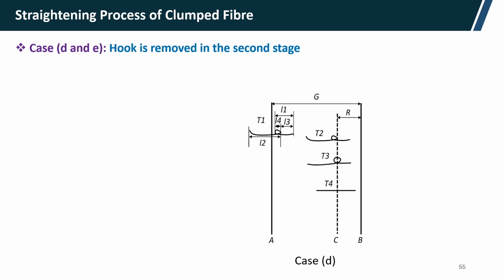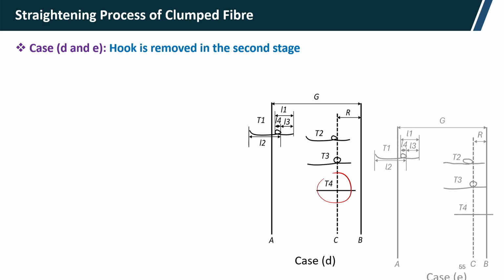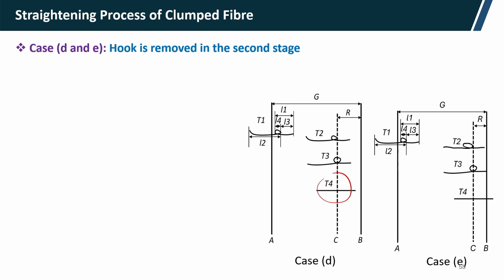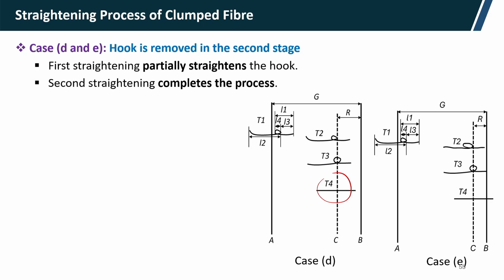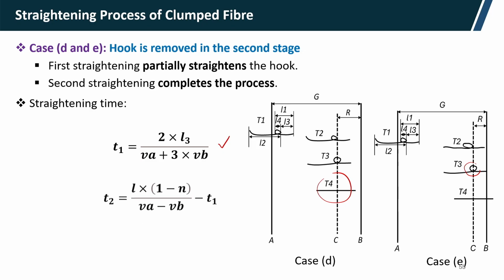You can see when it reaches this point the hook is removed; complete removal is there between D and E. So, the first straightening is partial straightening of the hook, and then the second straightening is the complete straightening. Now, straightening time is given by this relationship, as we have already seen, T1 and T2 are given by this equation.